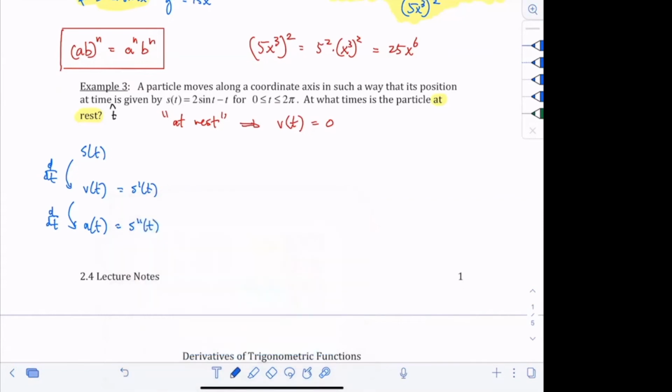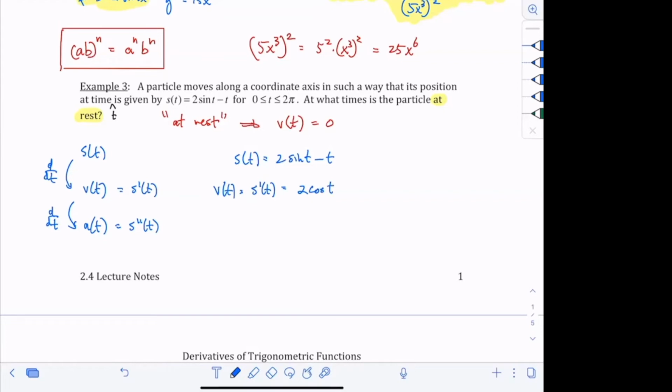So to that end, I'm going to write down my position function. I'm going to calculate the velocity by taking its derivative. The 2 stays there. The derivative of sine is its cousin, cosine. It's not negative because sine does not have a negative in front of it.